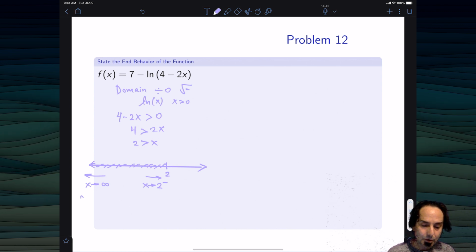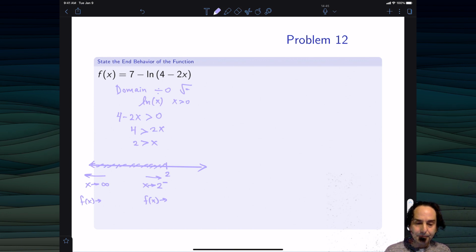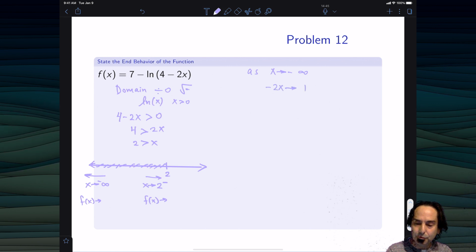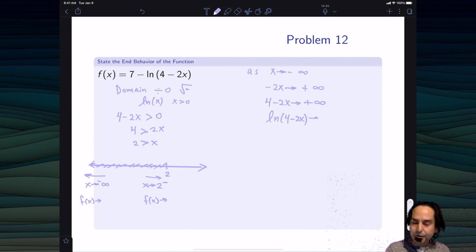And we want to know, how does f of x behave for each of these end behaviors? Well, let's see. As x goes to negative infinity, negative 2x goes to positive infinity, which means that 4 minus 2x also goes to positive infinity, and the logarithm of 4 minus 2x, we know that end behavior, that's going to go to positive infinity.